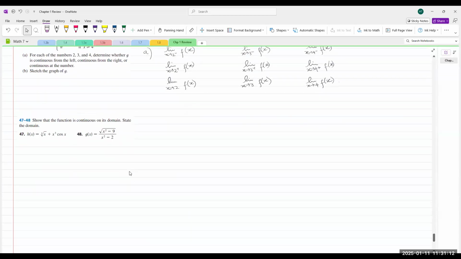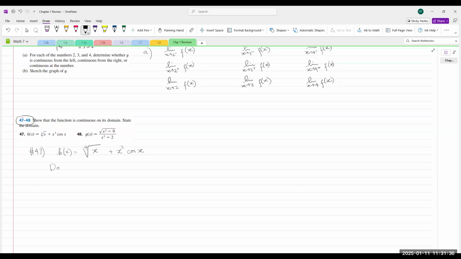Okay, numbers 47 and 48: show that the function is continuous in its domain and state the domain. Number 47 first. What's the domain? h(x) is the fourth root of x plus x cubed cosine x.